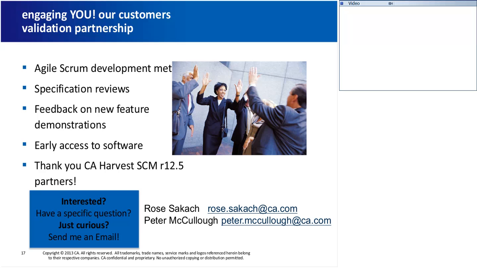And you'll have an opportunity to join some end of sprint review meetings. We cycle through development phases in 4-week sprints with Harvest, and so we're looking for a customer review, customer feedback, customer comment at the end of those sprints.